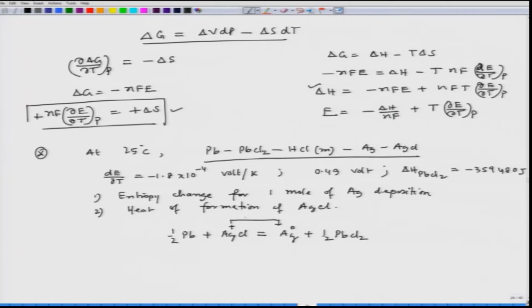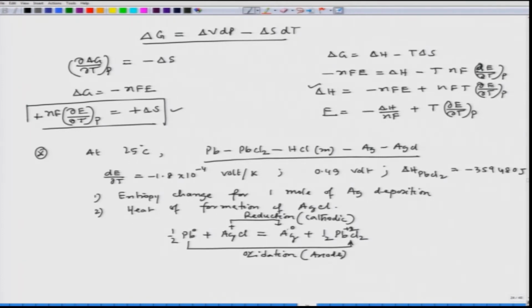So, this is my reduction or cathodic, and here this is 0, this is plus 2, which goes to oxidation or anode.